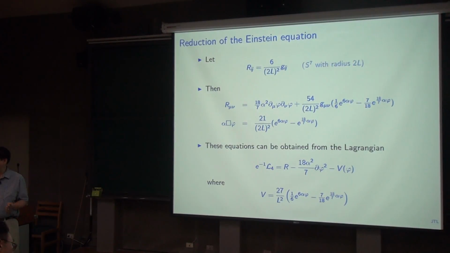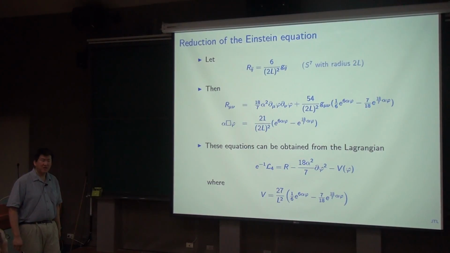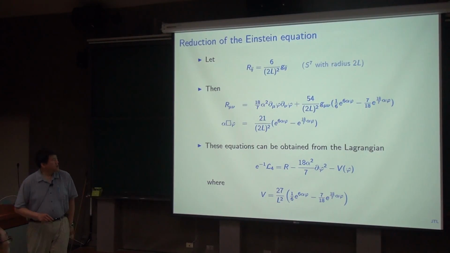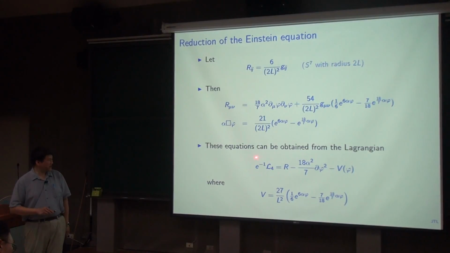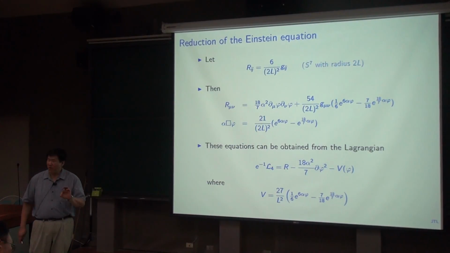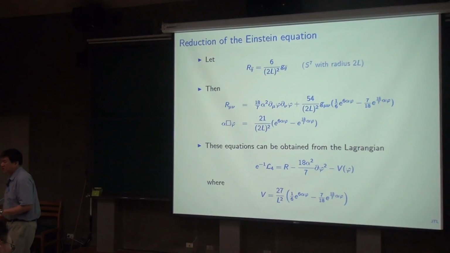If I solve the 11-dimensional Einstein equation, and I've also solved the 11-dimensional 4-form equation, I've solved all the bosonic equations of 11 dimensions. By solving the equations of motion of this 4-dimensional Lagrangian, I have automatically guaranteed to solve the 11-dimensional equations of motion as well. That's the nature of a consistent truncation.